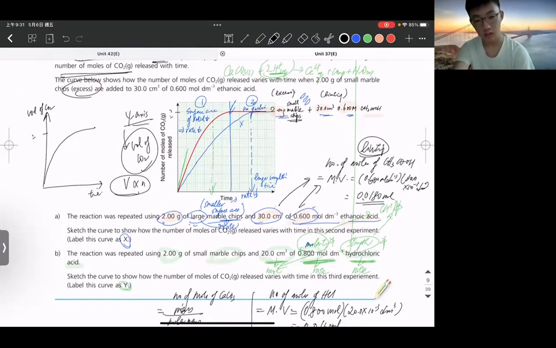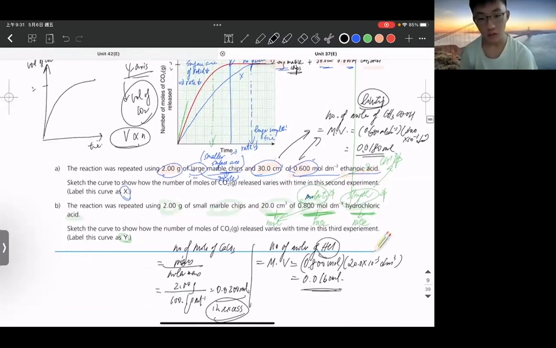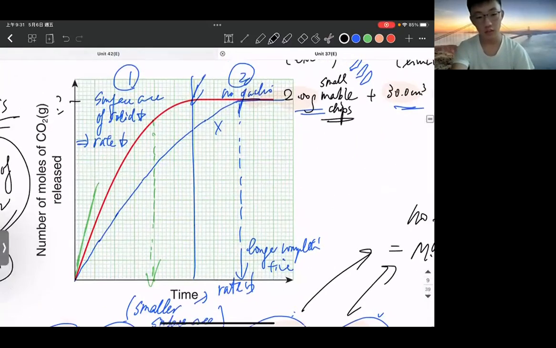Larger than the red one. Why? HCl, take a look. The number of moles of it is 0.0160. For ethanoic acid, the number of moles is 0.0180. Smaller than the red one. It's smaller, okay? Just count the number of boxes here.